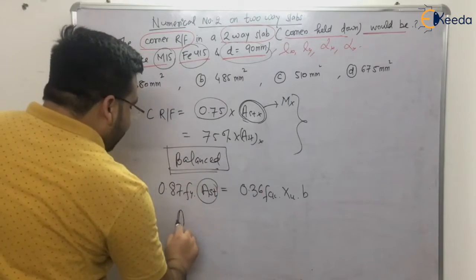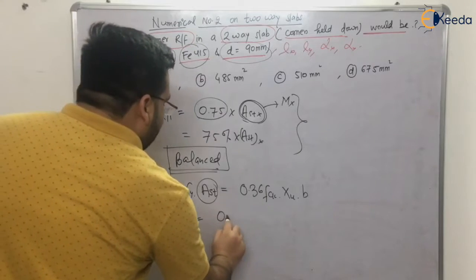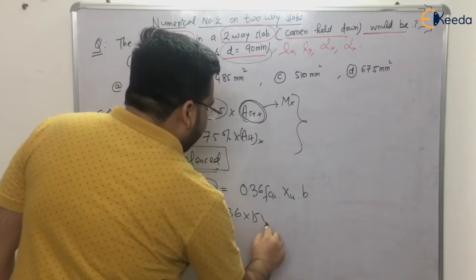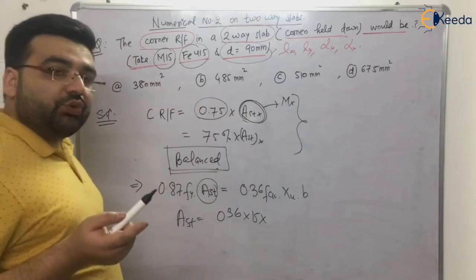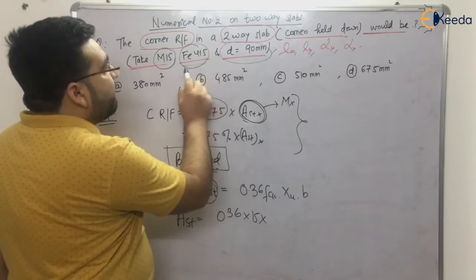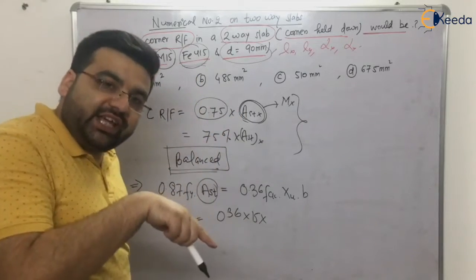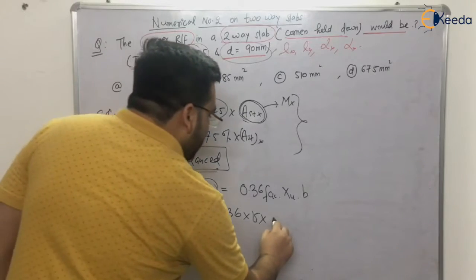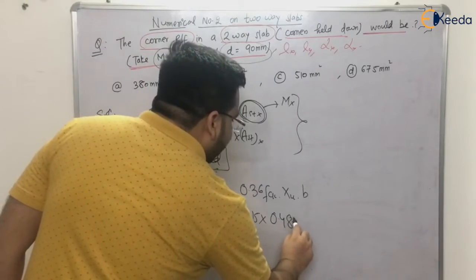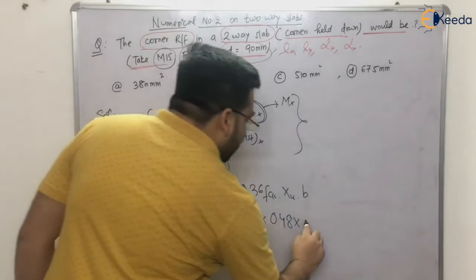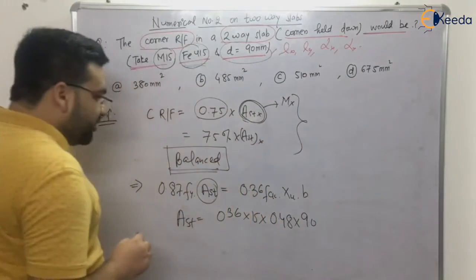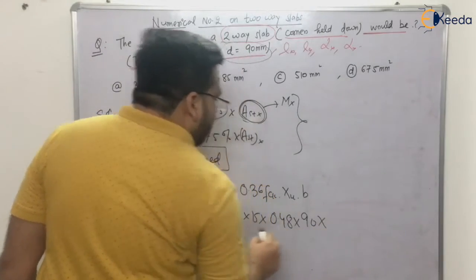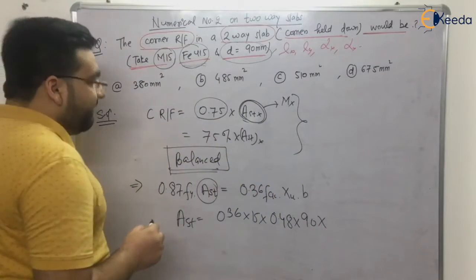So the AST will be equal to 0.36, how much is FCK? M15, into XU. How much is XU? For Fe415, that is 0.48 D. Is D given to me? Yes, D is also given to me. Simple. 0.48 into D, D is 90 mm, so the answer will come out in mm square. Into B. Is B given to me?